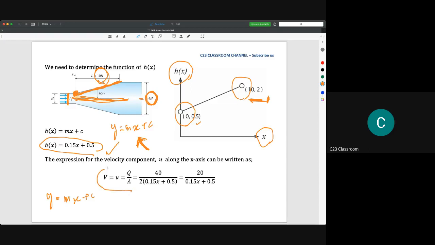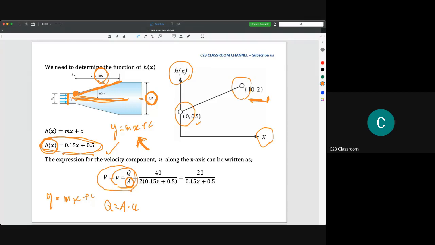According to the continuity equation, Q is equal to A times u. We just replace v with u because we are focusing on the u velocity, only the velocity that moves on the x-axis. So we could write u is equal to Q divided by A. Then we replace A with the equation that we have here. You must know that this is the value of hx.